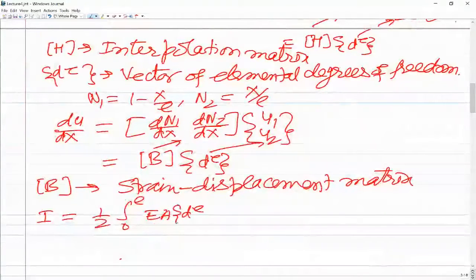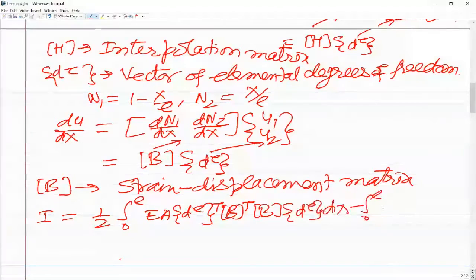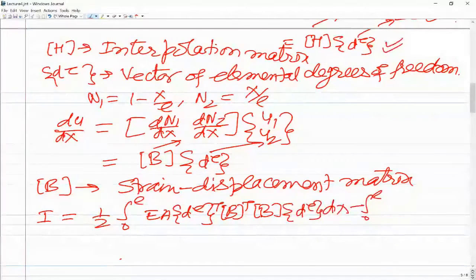Then again we have du by dx, that is B into DE, dx, minus integration 0 to L u transpose. And u is H into D, so u transpose would be D transpose into H transpose, into Q dx.